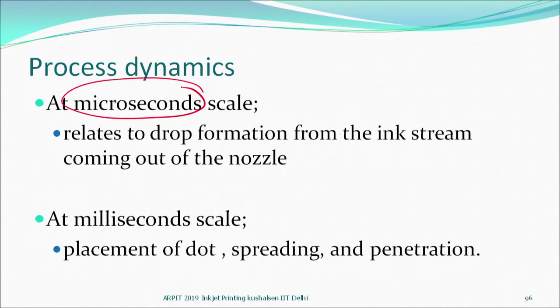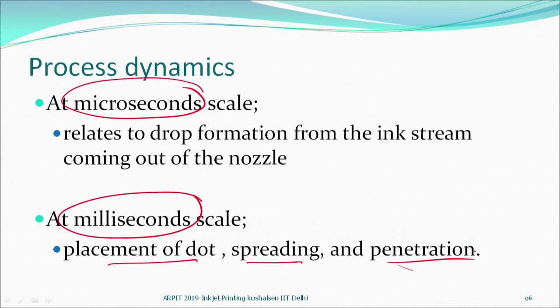So, think of that, now you are really dynamic. On the other hand, at the millisecond stage, placement of the dot, spreading, penetration takes place. So, you are having things done very quickly, very fast.